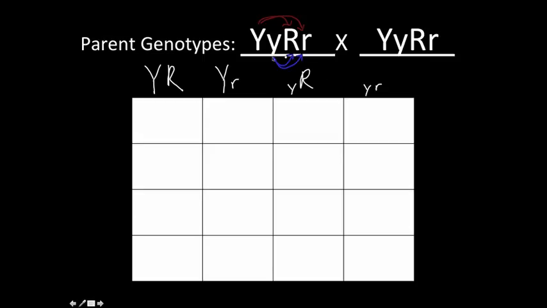So that's one possible set of combinations for this parent. The other parent has the same genotype, so it's going to be the same process. So here, big Y can wind up with big R. Big Y can wind up with little r.